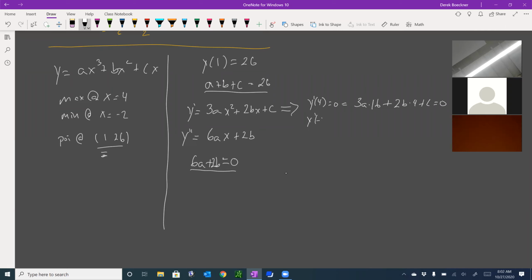And y prime at -2 equals 0 is equal to 3a times 4 plus 2b times -2 plus c. That's also 0. So we've got 4 equations, 3 unknowns. We should be able to solve this.